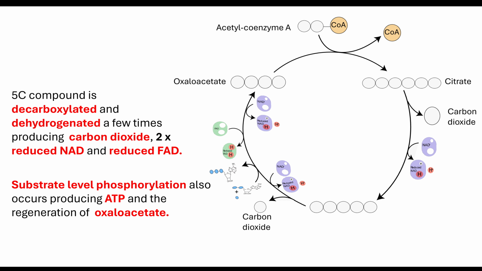Therefore, if it needs to be converted into an intermediate that is able to go through the cycle, how many carbons would need to be removed? How many decarboxylations would need to occur to remove the carbon dioxide, therefore getting us to that 5-carbon or that 4-carbon. The other point to note is how many hydrogens would need to be removed.